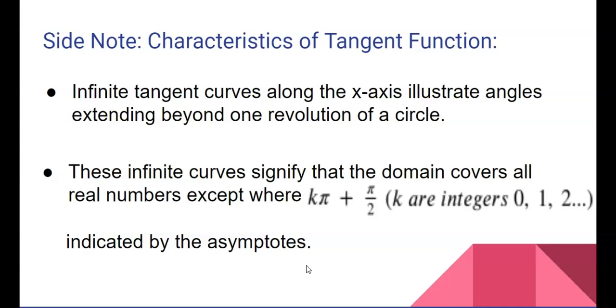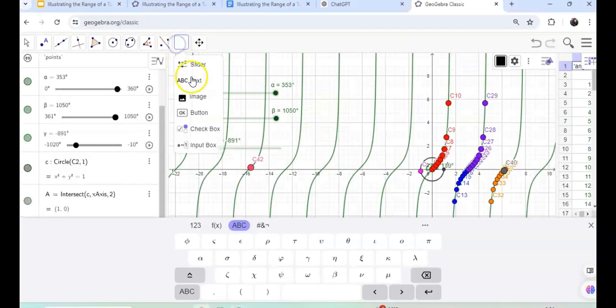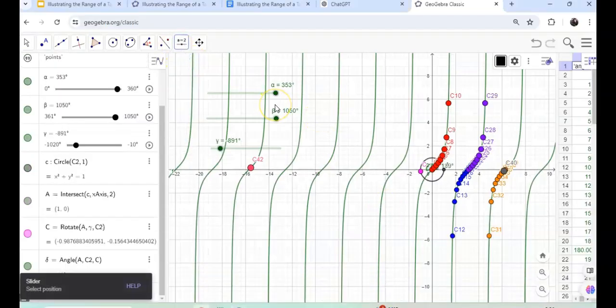So again, the domain of the tangent function does not cover all real numbers because there's an exemption, and this is the exemption. So we have multiples of pi plus pi over 2. We're going to illustrate that now. So multiples of pi, so let's have a slider k.